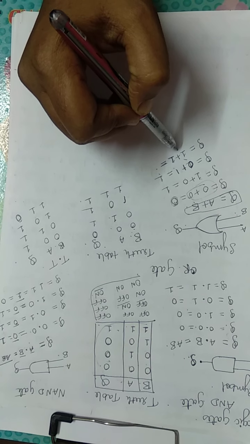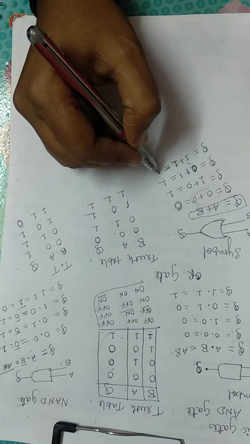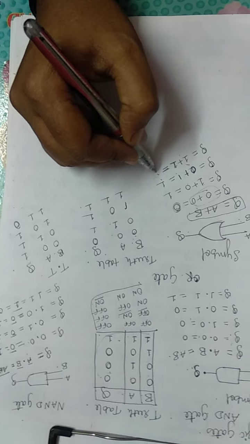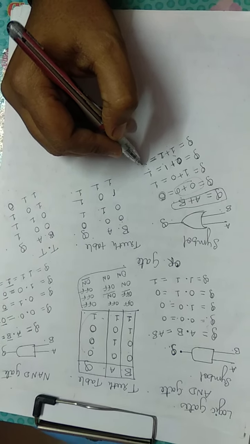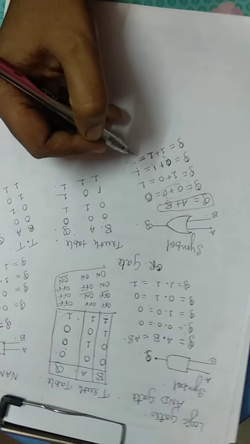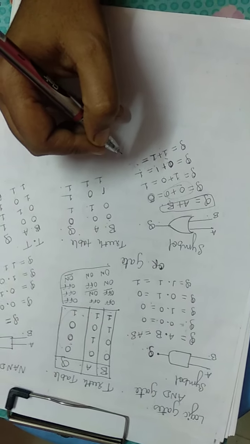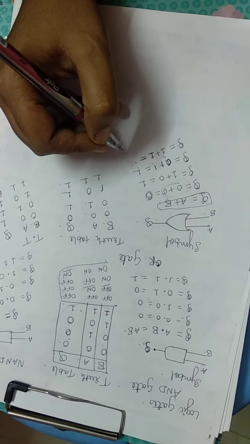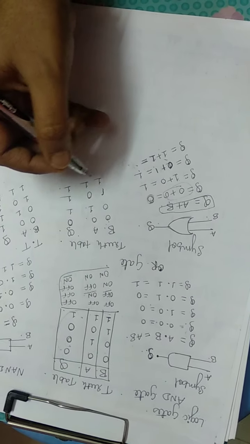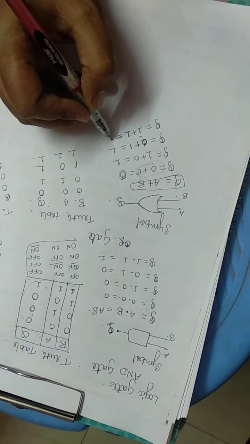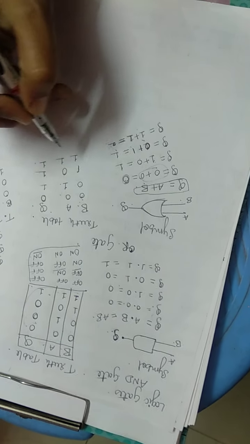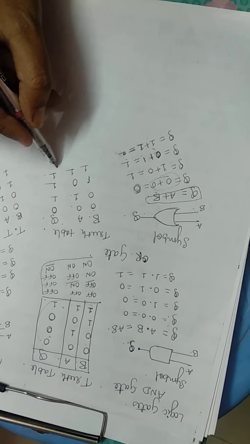When both the inputs are on, as I said, we can't take it as 2 because it will receive only a single bit. 1 bit is nothing but a single binary digit, that is 0 or 1. So 1 plus 1 is 2, but we can't take it as 2. We'll take it as 1.